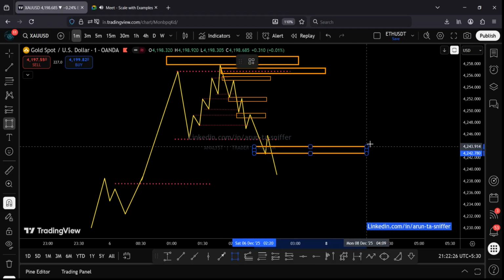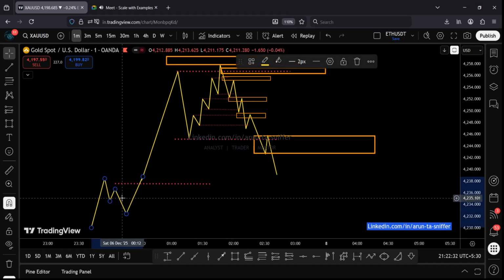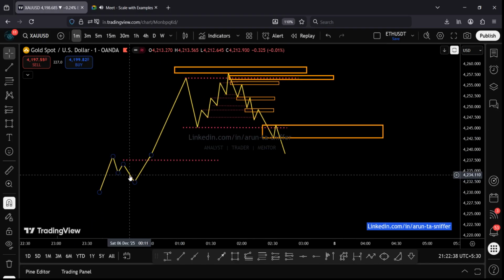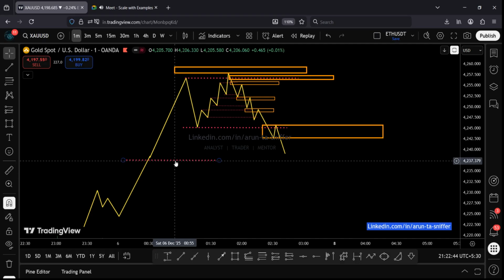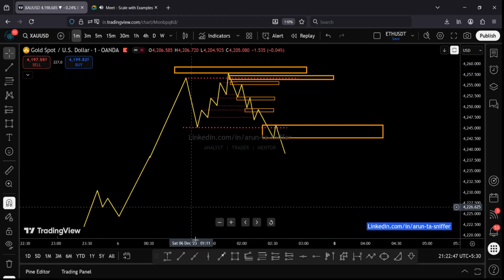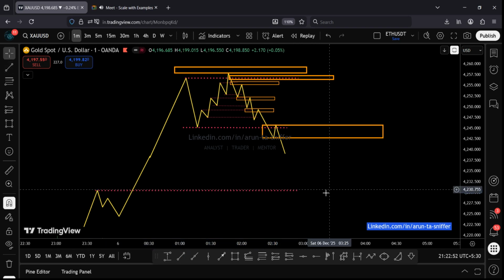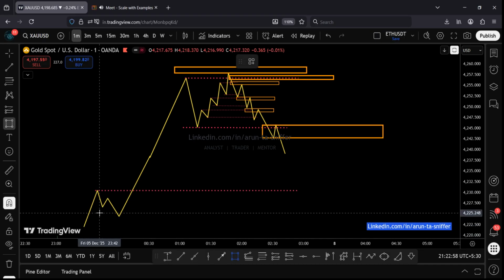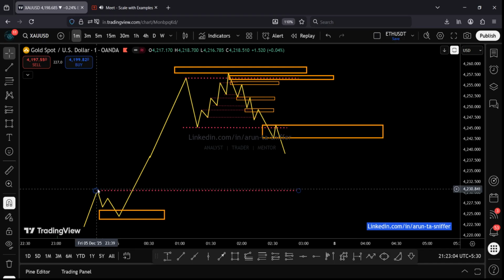This one is RSFL. Price is here, and we have an RSFL here. Why? Here it was some target. After reaching this target, price went up. So from where the price came to the target, here we have an RSFL.